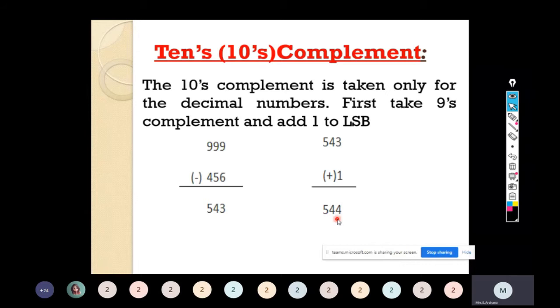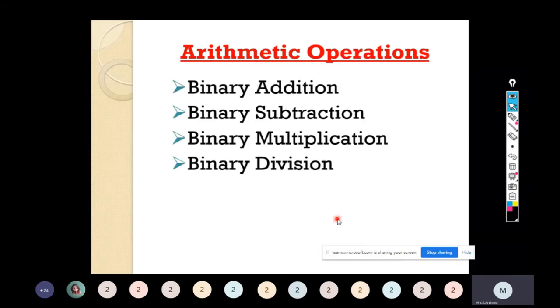For nines complement, each and every digit should be subtracted from 9. For tens complement, the nines complement result is added with 1. So ones and twos complement are taken only for binary numbers. Nines and tens complement are taken only for decimal numbers.